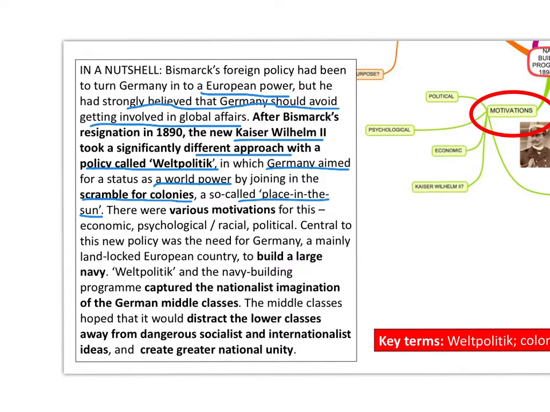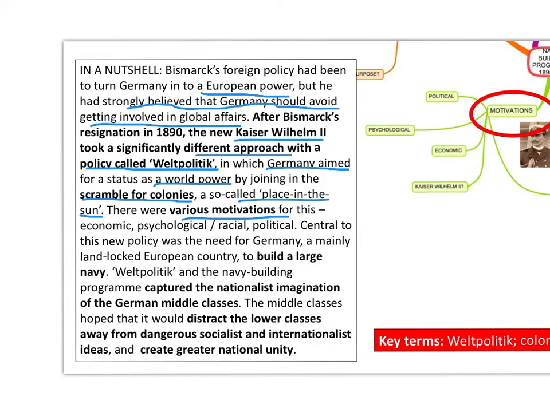And again, although it wasn't the specific reason why Bismarck resigned, there's almost a feeling that if Bismarck hadn't resigned over the socialist issue, he would almost certainly have come into loggerheads with the Kaiser over this foreign policy issue. So we have to ask ourselves, what motivated the Kaiser to take such a different approach to that of Bismarck and his grandfather, Kaiser Wilhelm I, who hadn't really been interested in any of this?